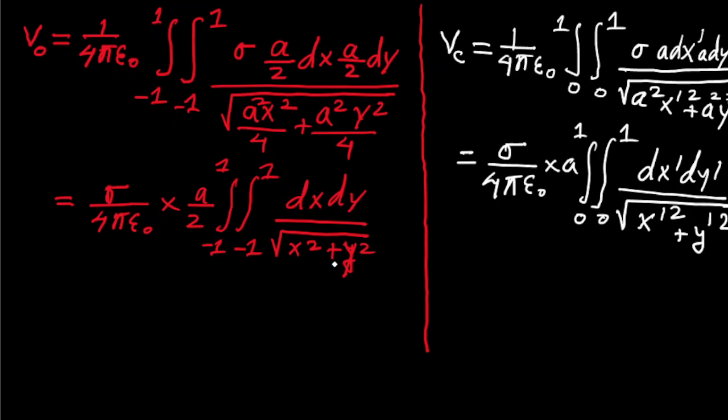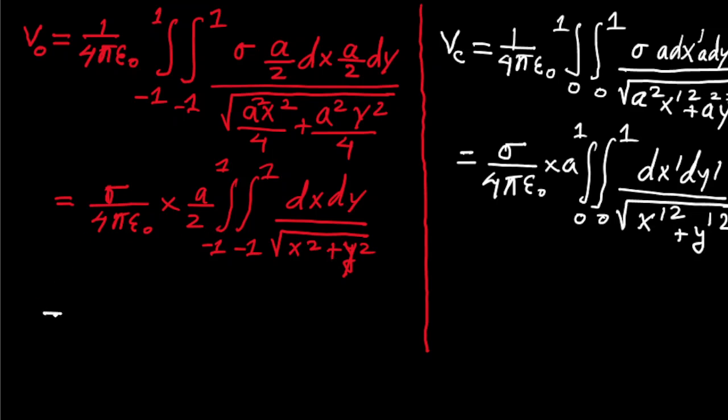If you put y equals minus y, it again repeats the same function. So this function is even, and we can replace the limit minus 1 to 1 by the limit 0 to 1, but then we have to multiply by 2, for x by 2 and for y by 2.